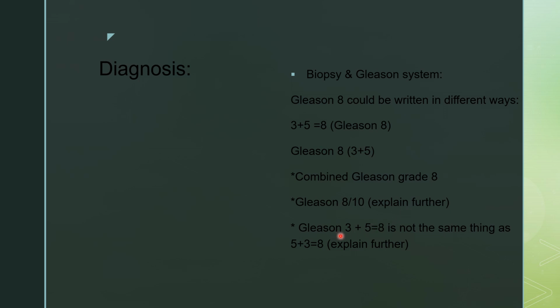Also, like I've said, and I'm going to repeat and move on. Gleason 3 plus 5 is equal to 8. It is not the same as Gleason 5 plus 3. I won't waste time again because I've explained this over and over, but let me say it for the last time. The reason is that what is written first on the left, that is the one appearing the most.